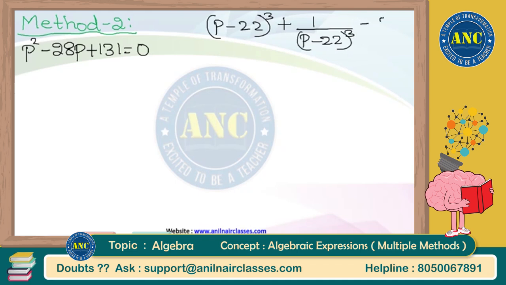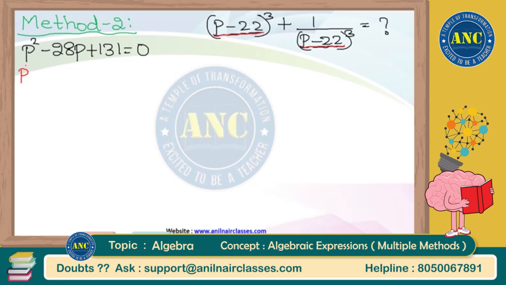Now see here, sir, a very simple way of analysis once again. Because the question has P minus 22 whole cube and 1 by P minus 22 whole cube, and I want to find the sum of it, I should somehow find a way to get this term, P minus 22, in this equation.